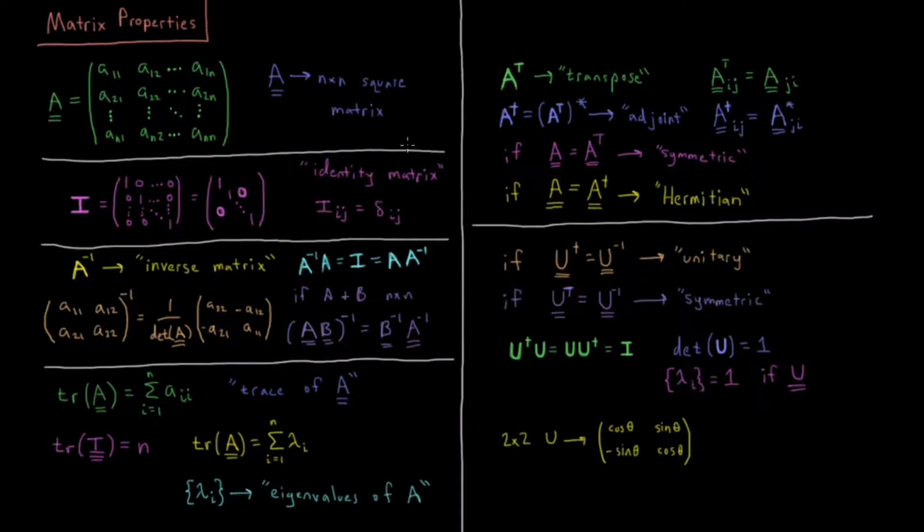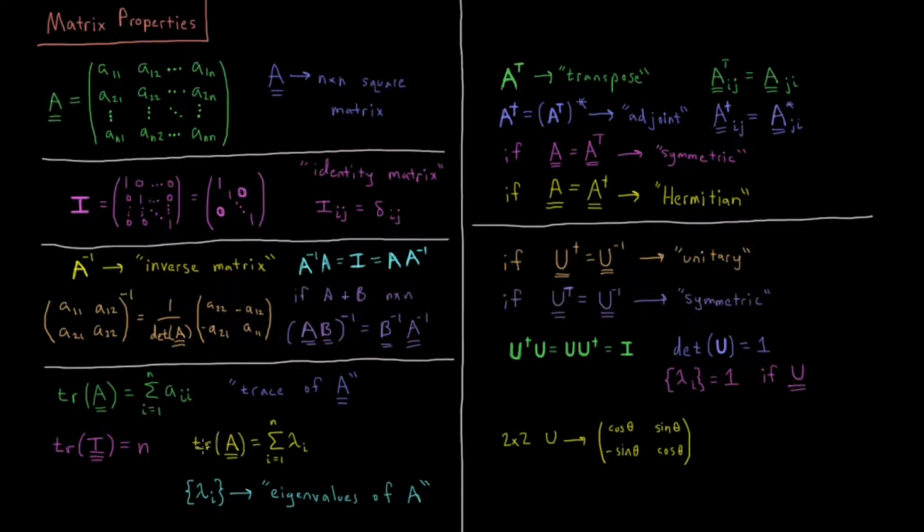Another important property is the trace of a matrix. For n by n matrices, the trace is the sum of its diagonal elements: the sum from i equals 1 to n of aii. So it's a11 plus a22, all the way to ann. For an n by n identity matrix, all your diagonal elements are 1, so the trace of an identity matrix is equal to n.